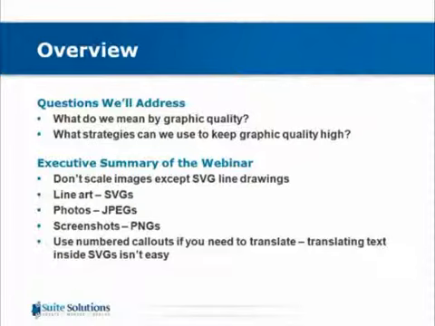And then we have suggestions of different file formats for different types of images. We suggest SVGs for line art, JPEGs for photographs, and PNGs for screenshots. And the final piece of the executive summary is that we don't advise trying to translate SVGs as if they are regular XML files.